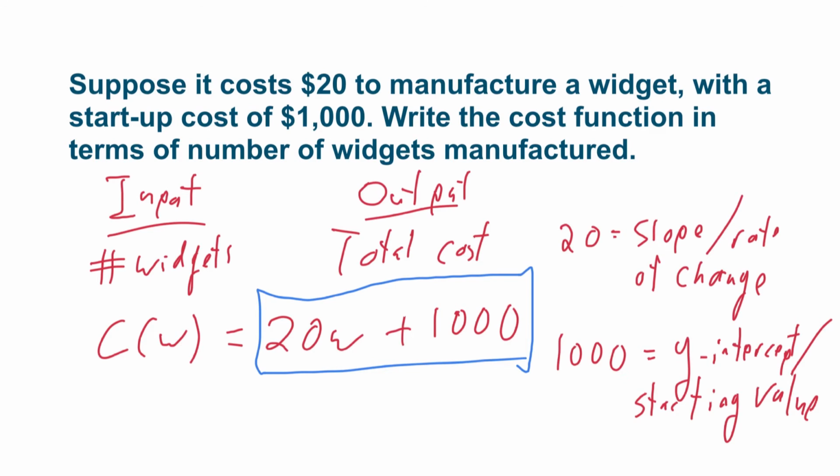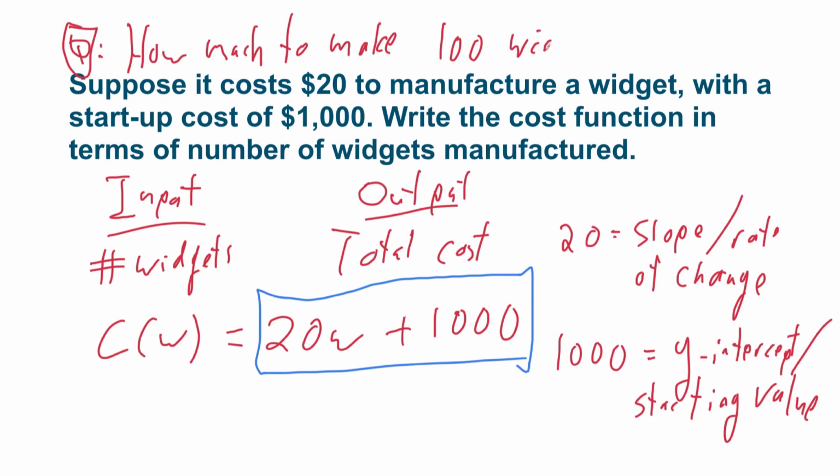So I can plot this, or I could plug in for different values. If I asked, for example, how much to make 100 widgets, I would simply plug in C of 100 and get something like, I think, 21,000.